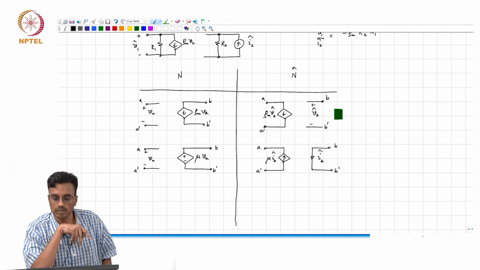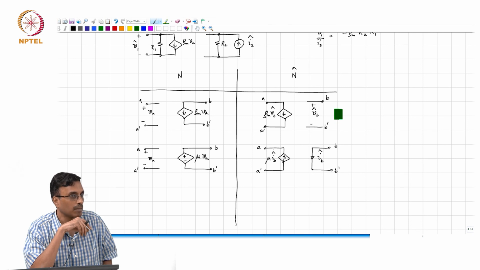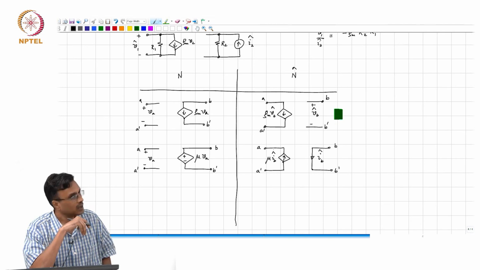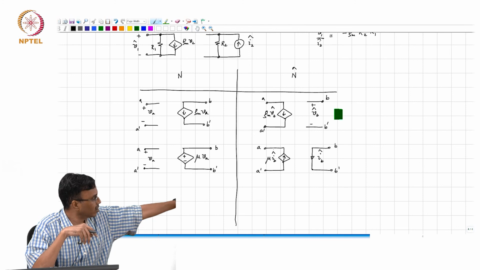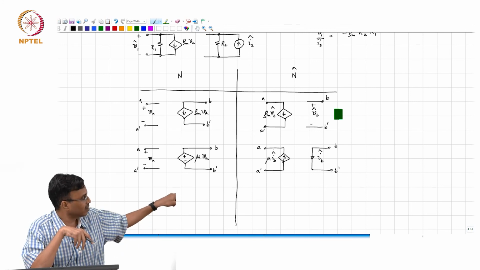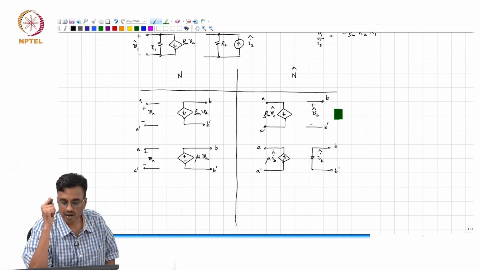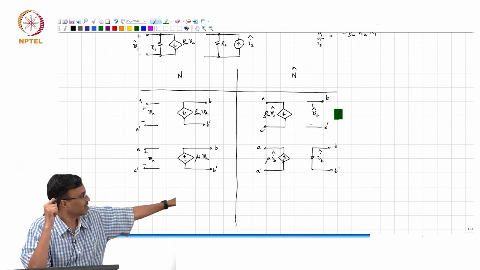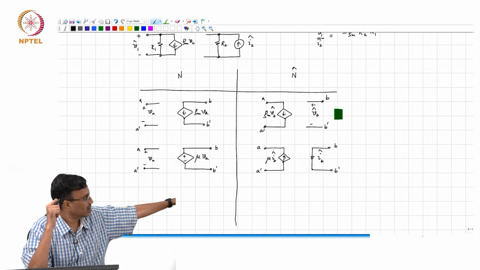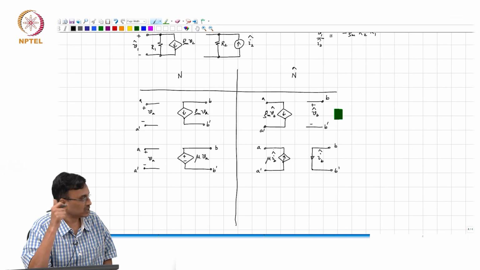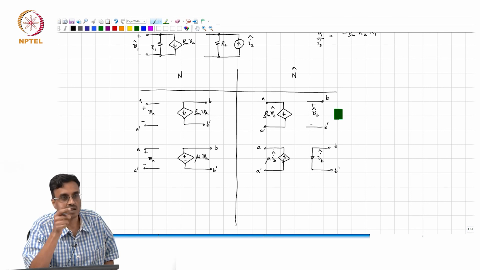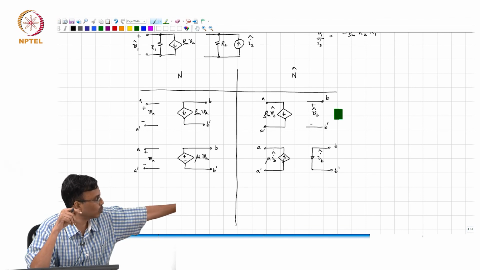Yeah, they work for every single value of mu. All I am saying is that, to figure out, especially when you have voltage controlled voltage sources and current controlled current sources, it's easy to forget whether you need to put a voltage controlled voltage source on the other side.